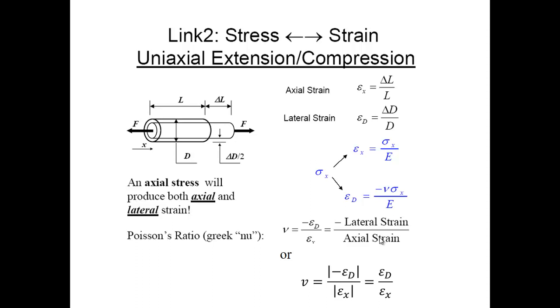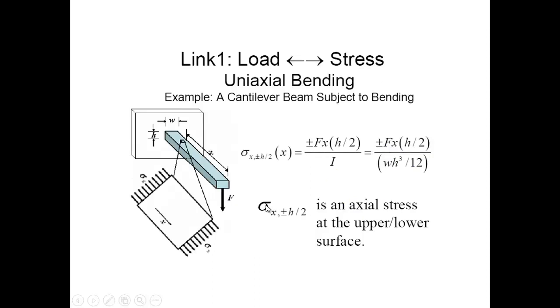For steel, the common value for the Poisson ratio is 0.3. The Poisson ratio is always positive in magnitude, so your last formula is equal to the lateral strain over the axial strain.